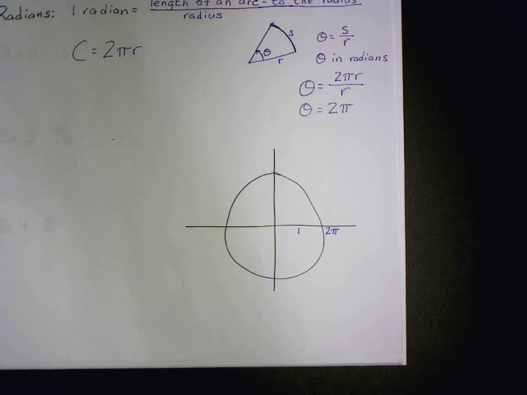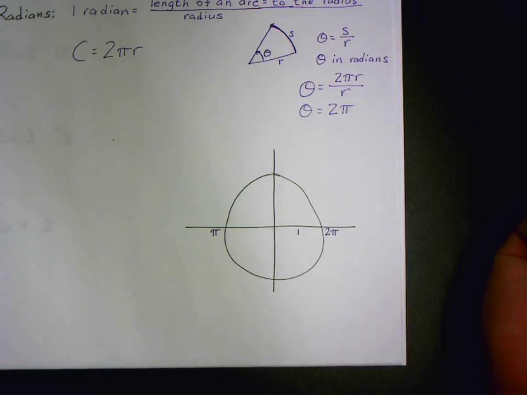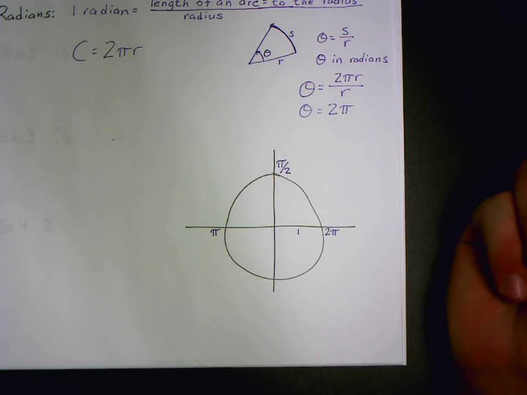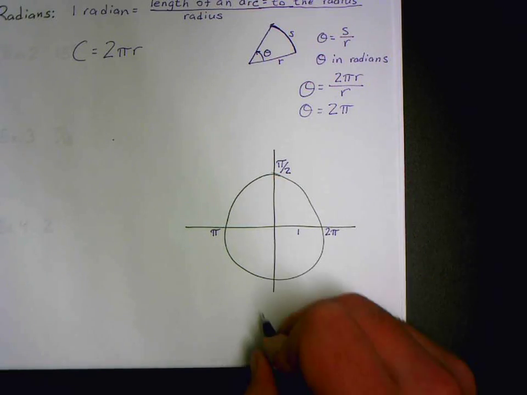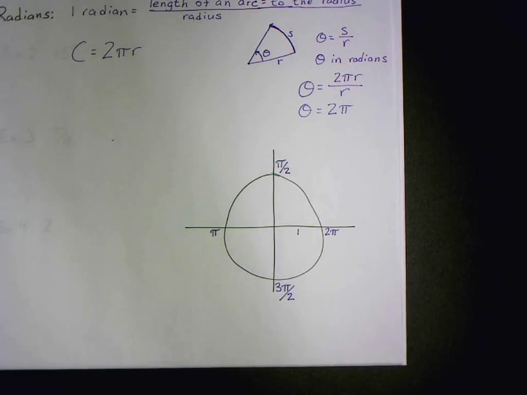So what's halfway around the circle? Pi. So 90 degrees corresponds to pi over 2, or 1/2 pi. So down here we have 3 pi over 2. We don't use the whole numbers because the whole numbers correspond to random points out in the middle.